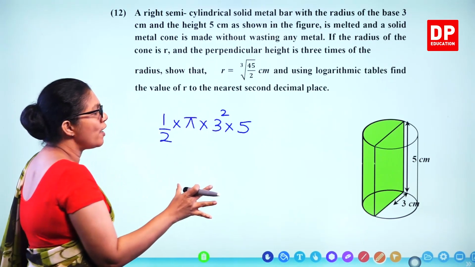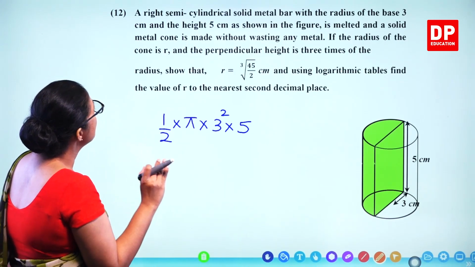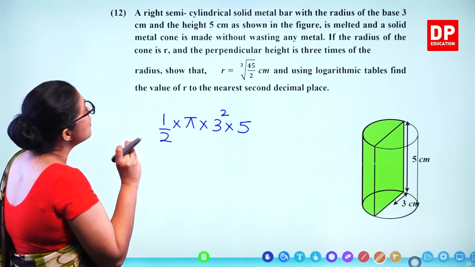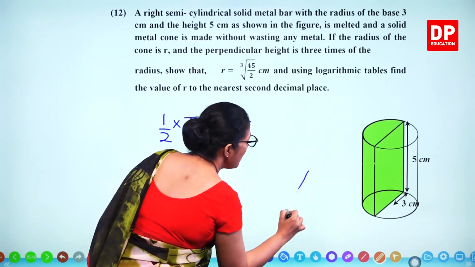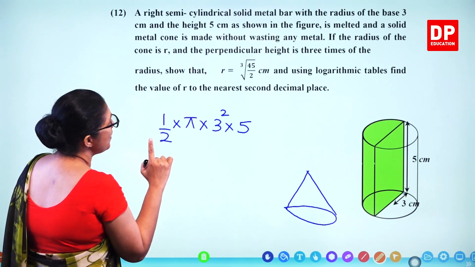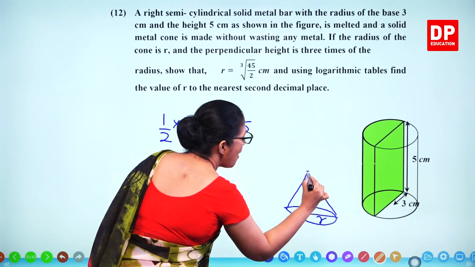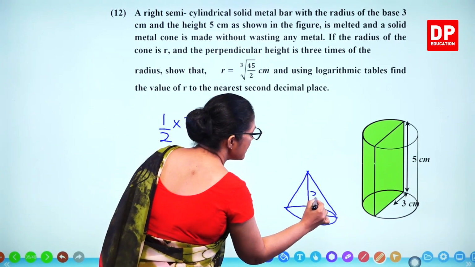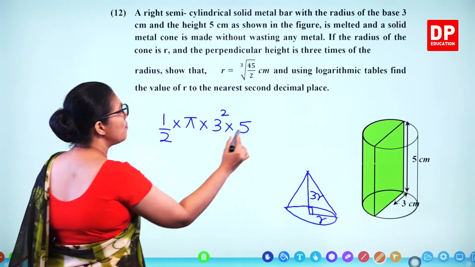That's the volume of the half cylinder. This is melted and a solid metal cone is made without wasting any metal. If the radius of the cone is r and the perpendicular height is 3 times the radius, we'll take 3r.